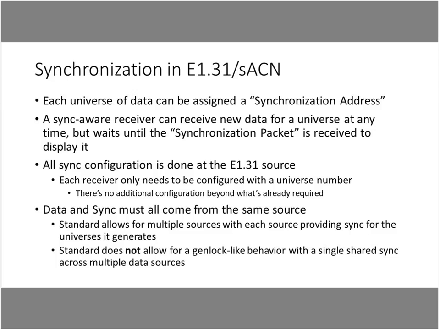The user experience, what the person using the node, using the gateway, using the media server sees, is the same thing that they had before setting up an E1.31 system that was built to the 2009 version of the standard. All configuration is done at the source, and the receiver still only needs to be configured with the universe number.